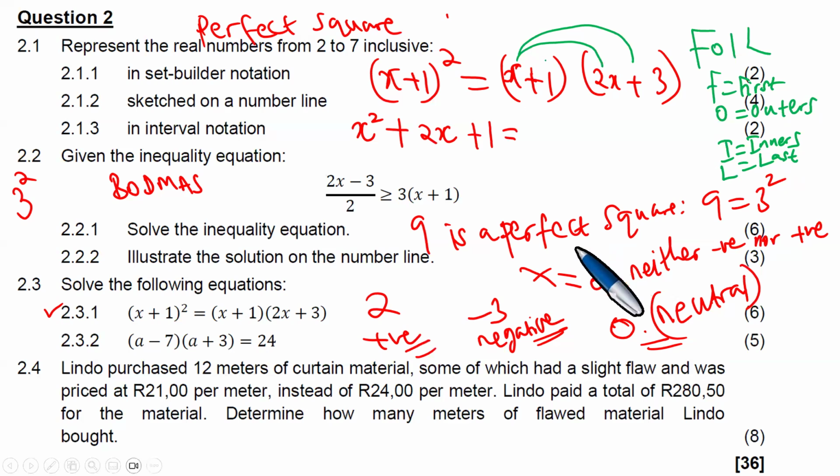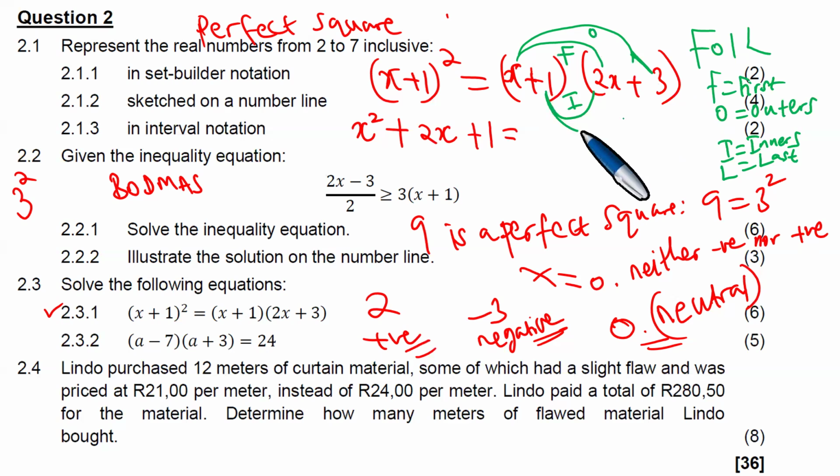So you're going to start with the first. First is this with this. Then we have the outers, because this and that are outsides. Then the inners, this and that, because they're inside.